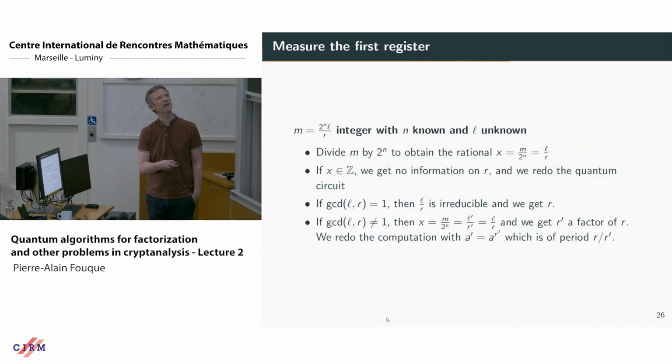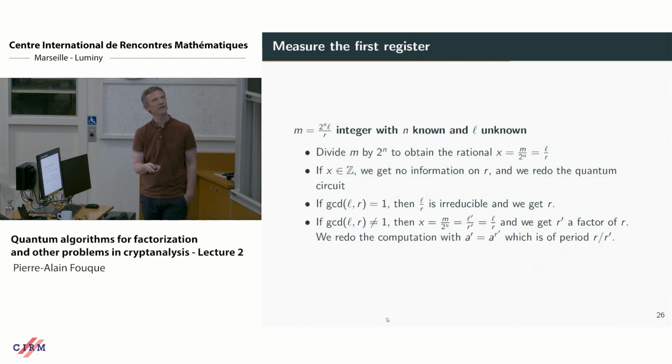So this is an integer, which is very useful to remember in this case. It is an integer because r divides 2^n. So 2^n divided by r is an integer, and since L is also an integer, m is the product of two integers, so m is an integer.